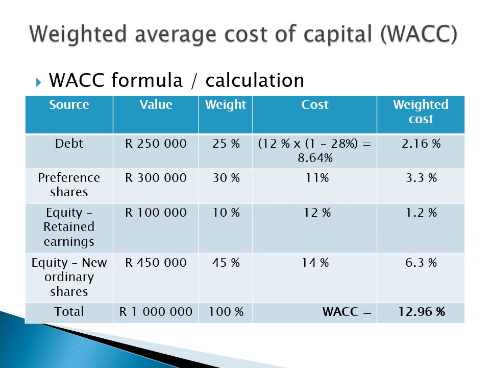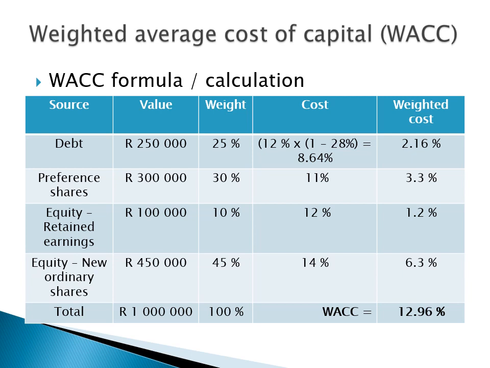Taking the values as an example: 250,000 debt, 300,000 preference shares, 100,000 of equity from retained earnings, profits that are already retained in the business, and then 450,000 of equity that was issued. So the total of the funding in the business is 1 million rand.